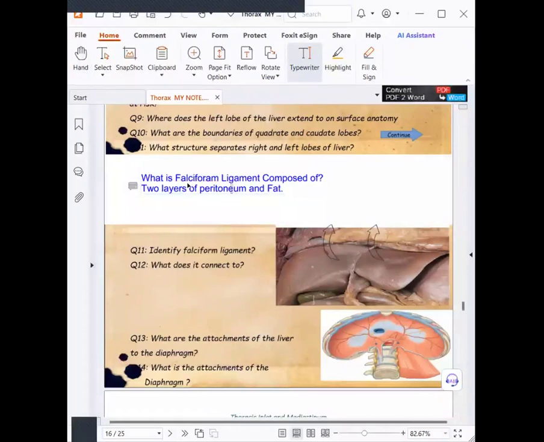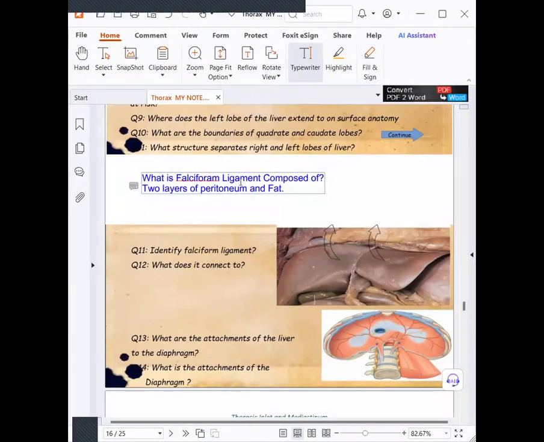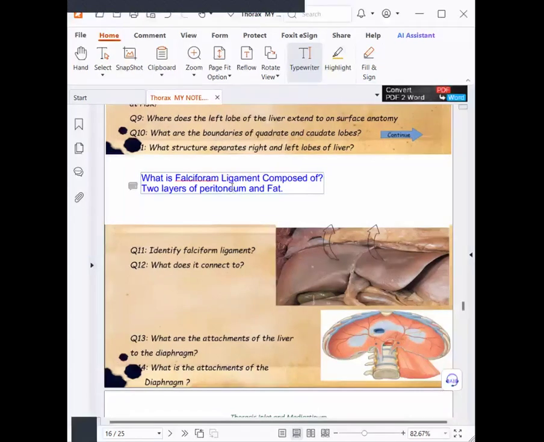The falciform ligament contains the umbilical vein, paraumbilical veins and the round ligament. There are two paraumbilical veins, so just say paraumbilical veins and round ligament.